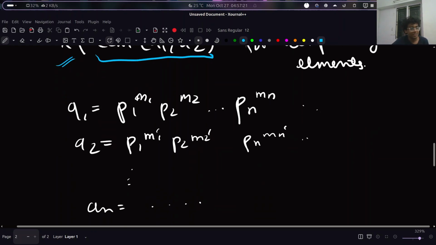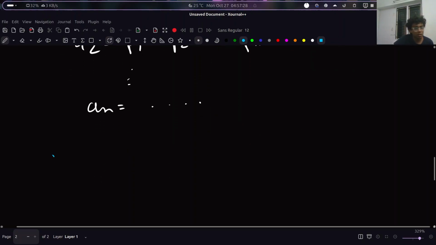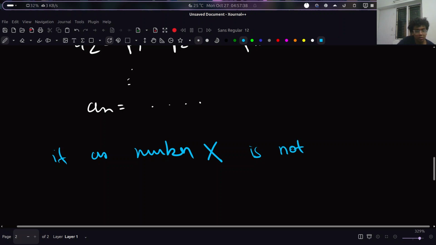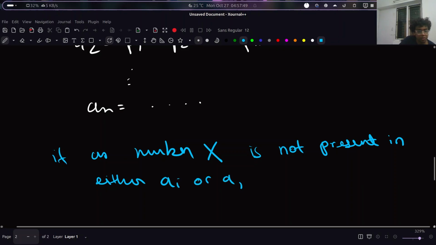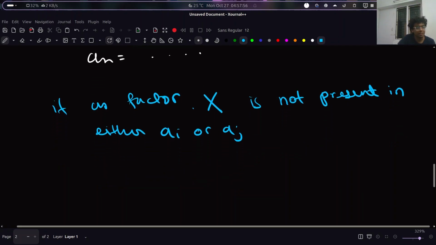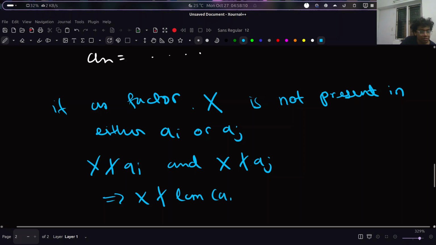So basically if a factor x is not present in either AI or AJ, basically x does not divide AI and x does not divide AJ, then x will not divide LCM of AI AJ, right?